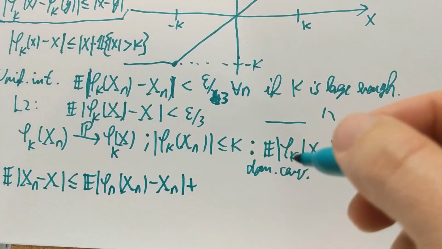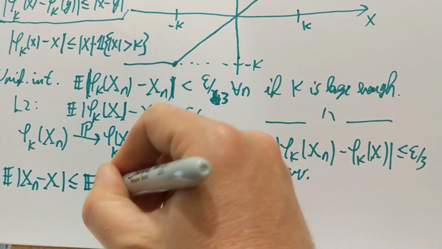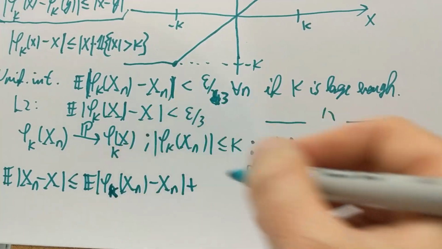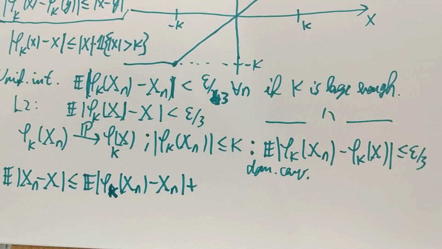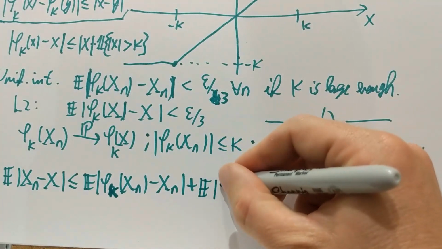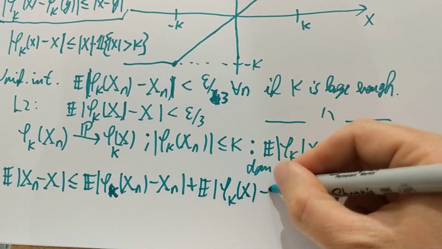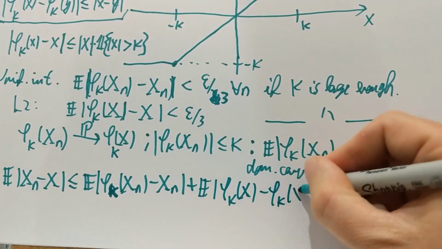Okay, so I added in phi k of xn. Of course I need to subtract that, so I'm going to subtract phi k of xn, but I'm going to add in a new term as well. I'm going to add in phi k of x, and then subtract phi k of xn.